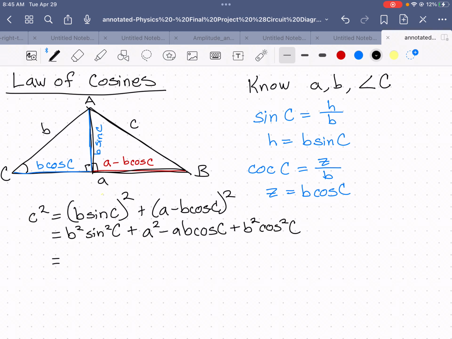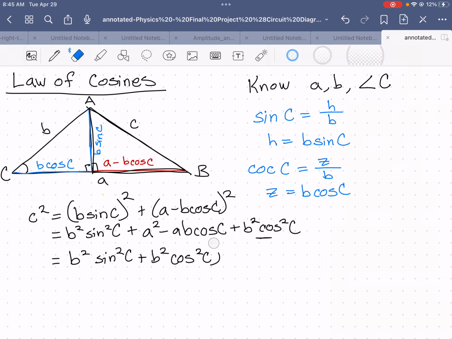I'm going to say this is equal to b squared sine squared of c, and I'm going to move this one over and say plus b squared times cosine squared of c. Okay, and then I'm going to say plus a squared minus ab cosine of c.